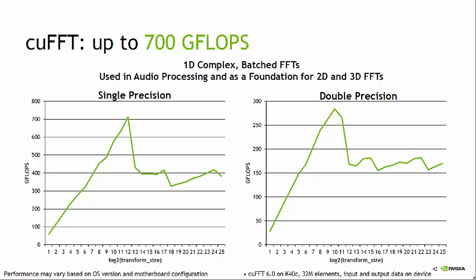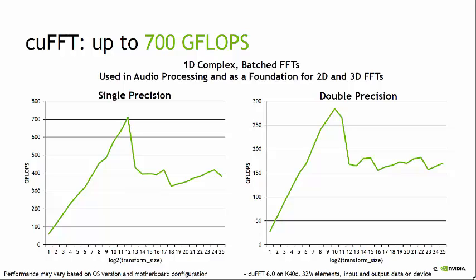Here's a graph showing you quite how fast. This is using power of 2 transform sizes. You can see there's a bit of a drop-off here, but it peaks at about 700 gigaflops in single precision and about 275 in double precision. So that's quite fast.